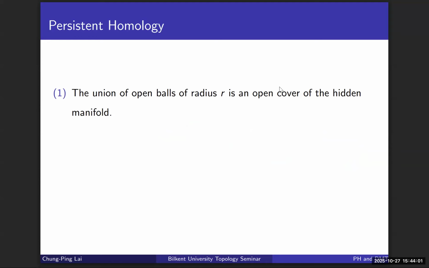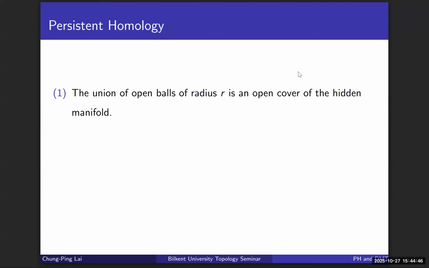The assumption that I'm going to make is that all the open balls that I just constructed form an open cover of some hidden manifold, because we think about all the data points as belonging to a certain manifold. When we use these open balls, we are making the assumption that they form an open cover of the hidden manifold, and in turn that makes it possible for us to study the manifold.